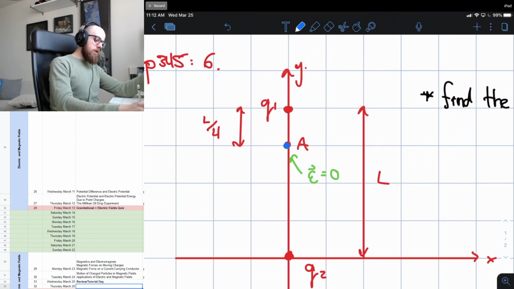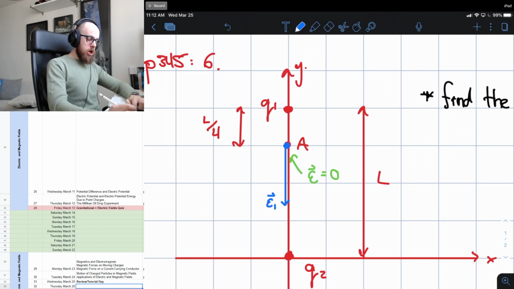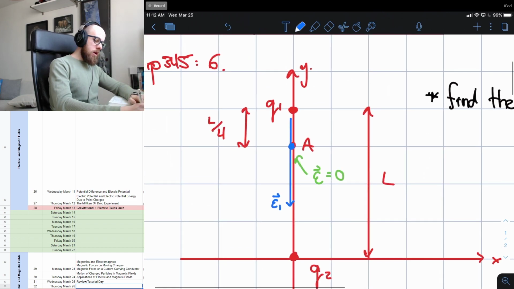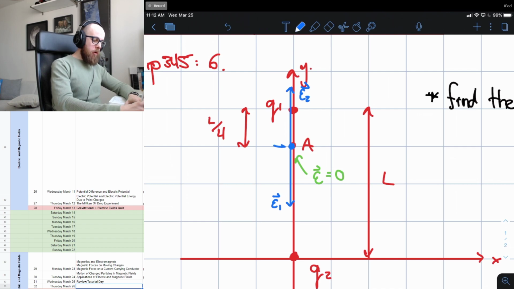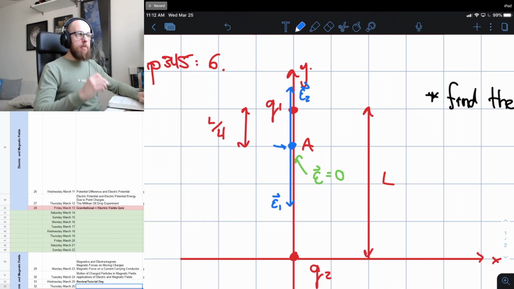Then the electric field from Q1 will extend downwards like this, so this would be E1. And the electric field from Q2 will extend away from Q2, so E2 will extend upwards. They're extending from point A, because I'm interested in what's happening at exactly point A.